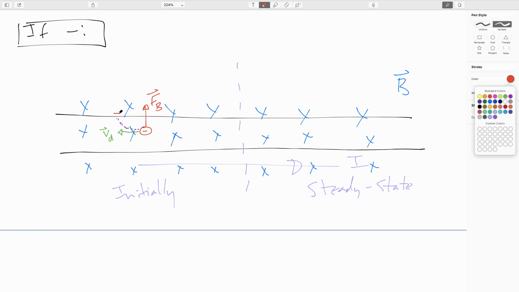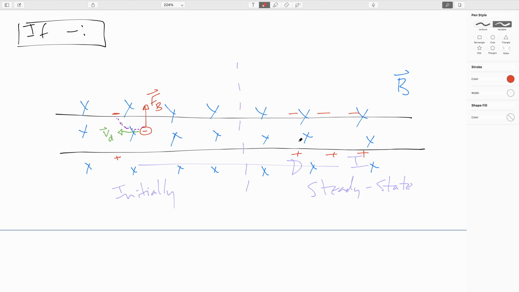So this is going to dump negative charges here and leave behind immobile positive charges down there. So eventually we'll get to a point where we build up negative charges on the upper surface of our strip and positive charges on the lower surface of our strip.